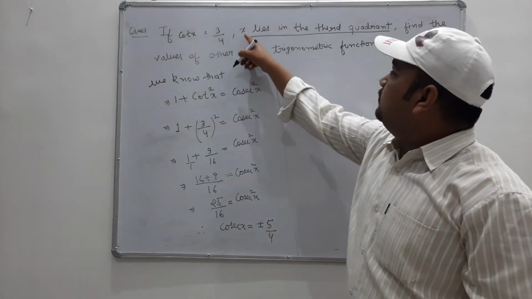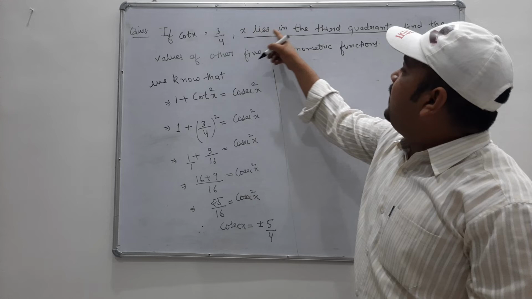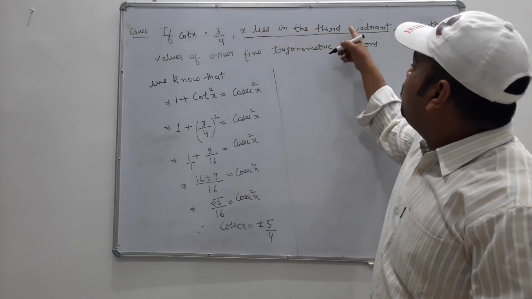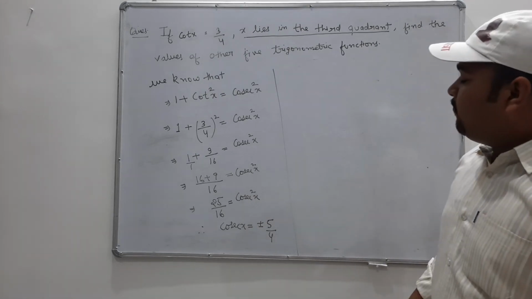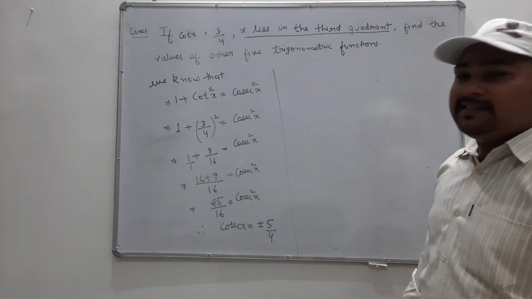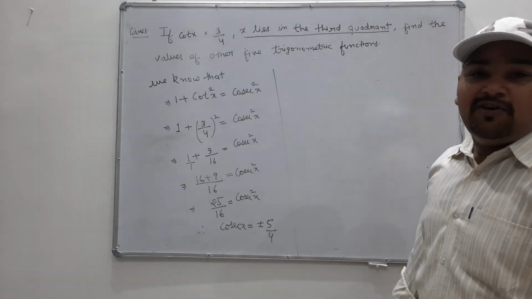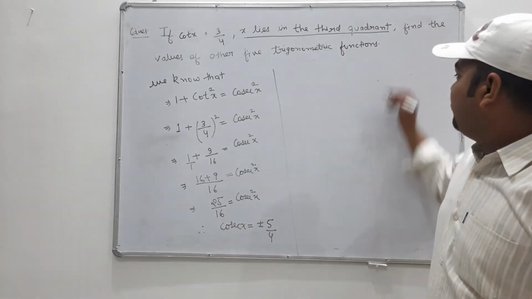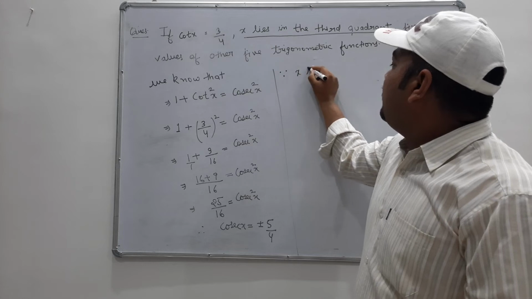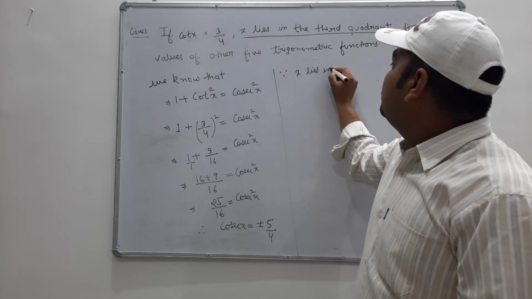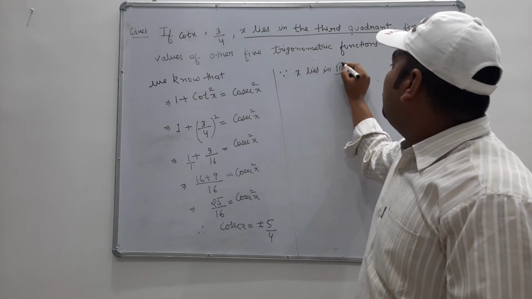In the question, x lies in the third quadrant, and in the third quadrant the value of cosec x is, say, positive or negative? Negative.